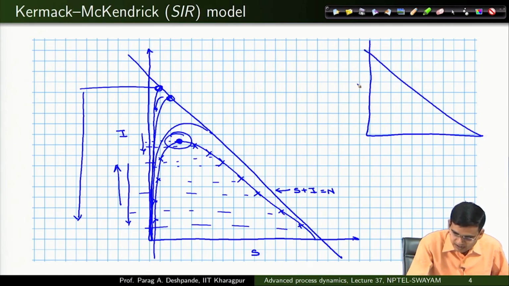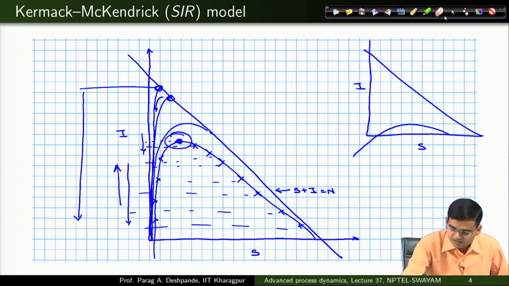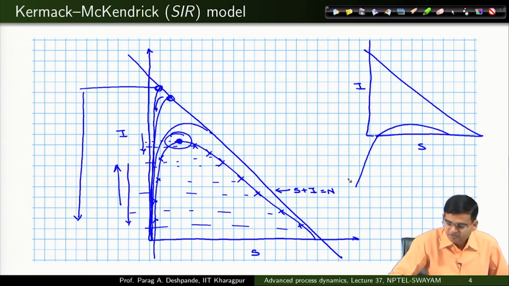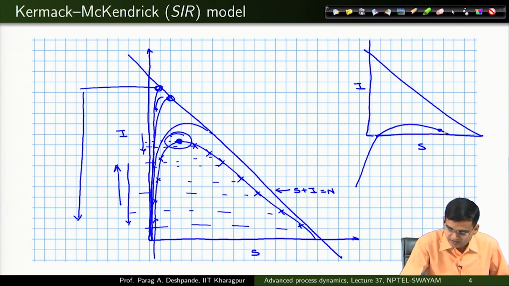I have I, I have S. So, you would go through a maxima and this can be one of the solutions. To make it a little more elegant, this would be one of the solutions, for example. So, when you start with this at any point, you compare this situation versus this situation.